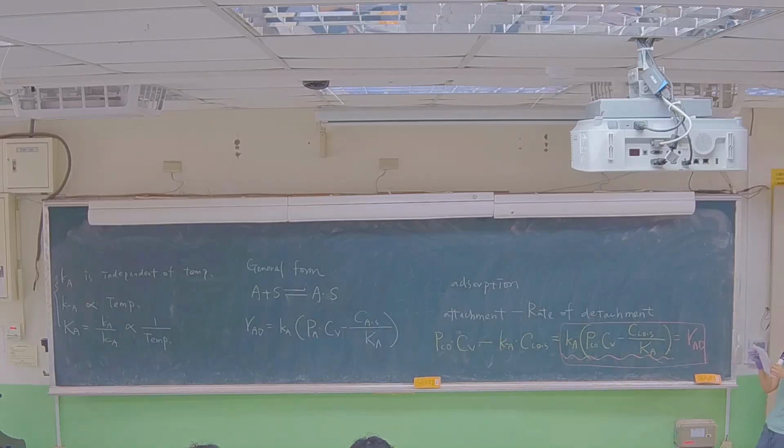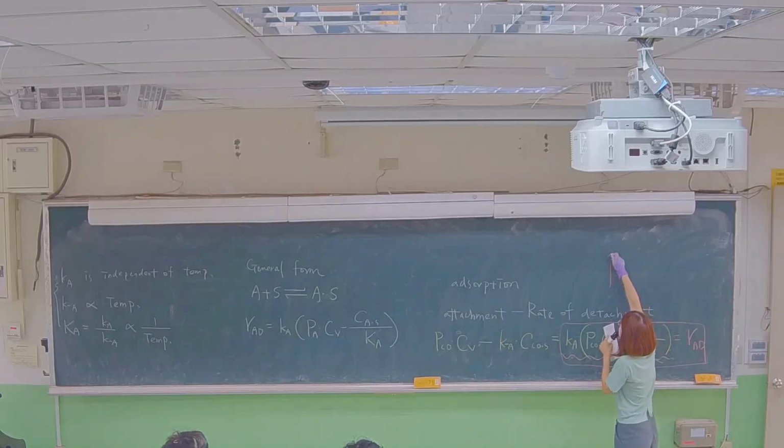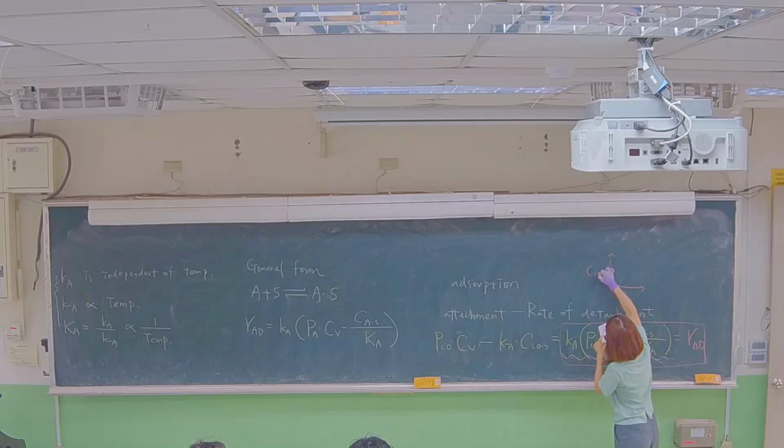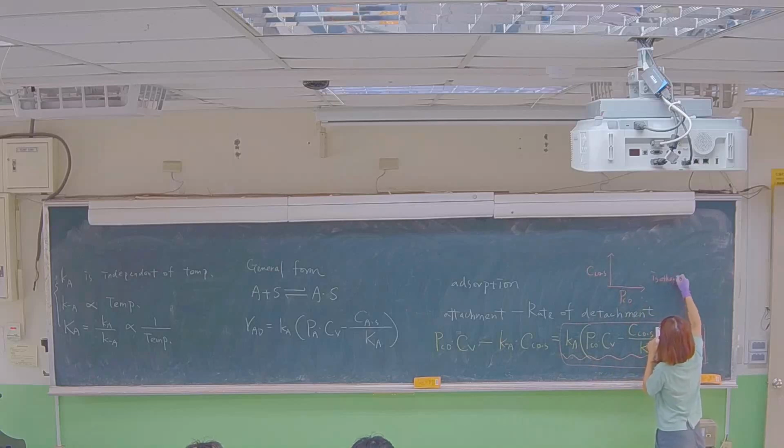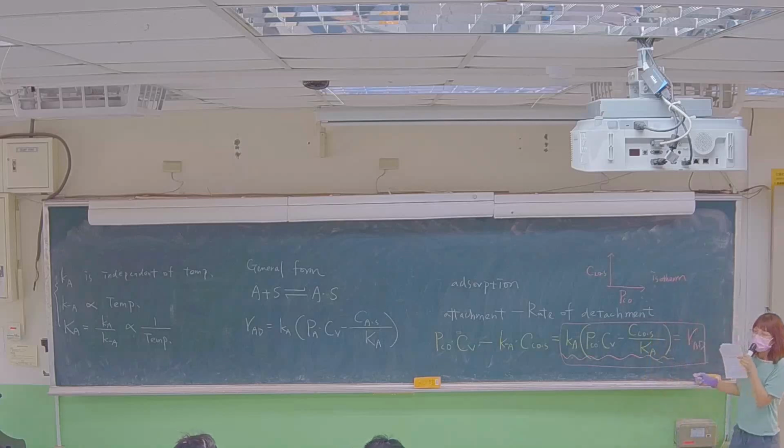What is the XY for the isotherm? PCO and CCOS. That is the X and Y for the isotherm. We will draw this later. Why am I talking about this?